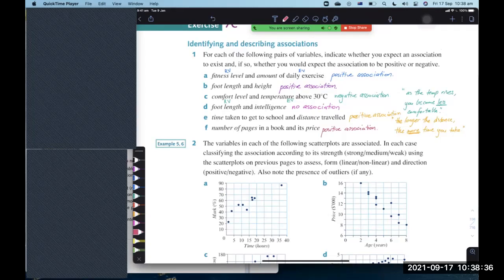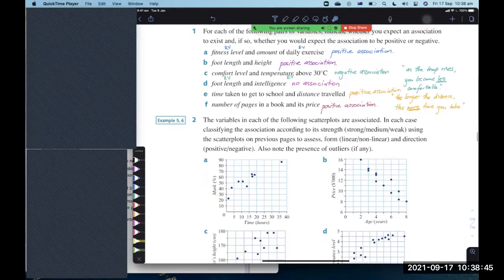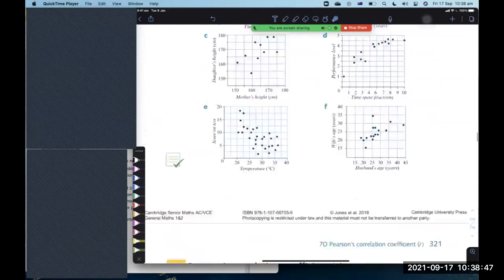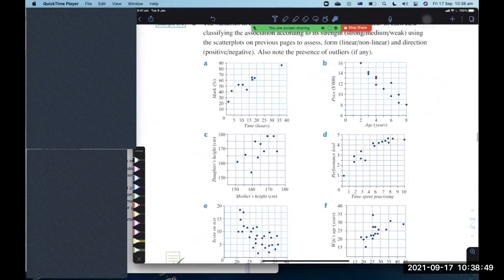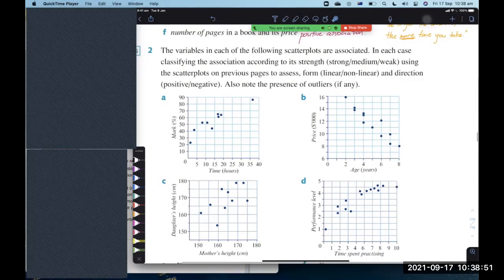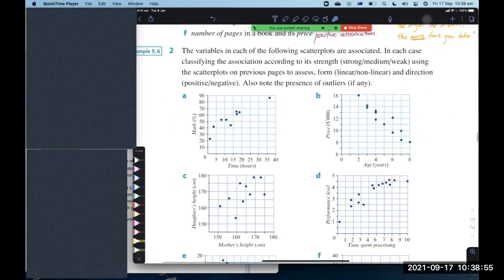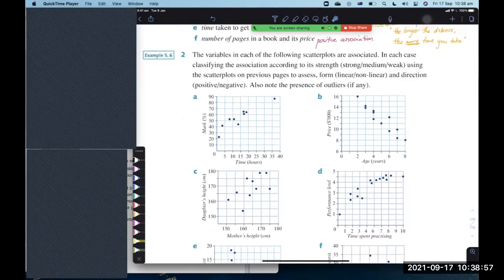Okay? So if you go and take a survey, you're gathering evidence. So all we do in this section is come to understand if it's positive or negative. But let's have a look and we'll go through and describe.